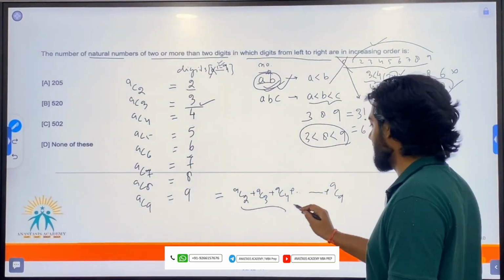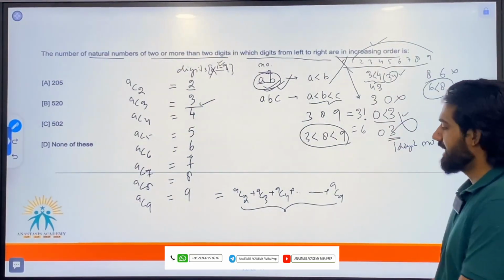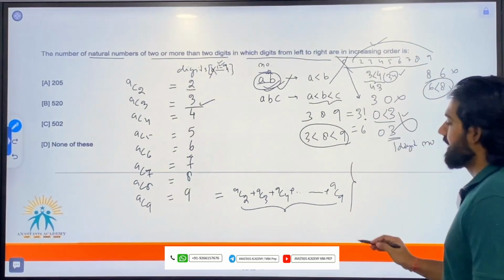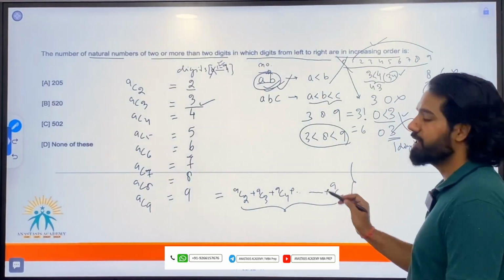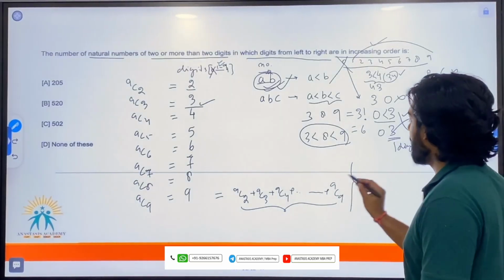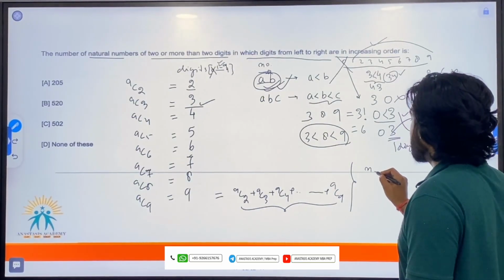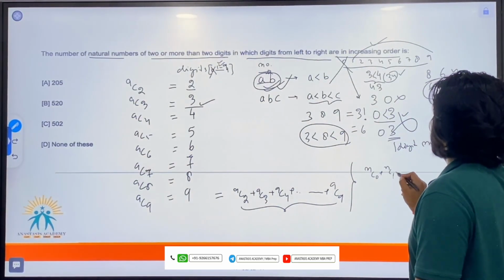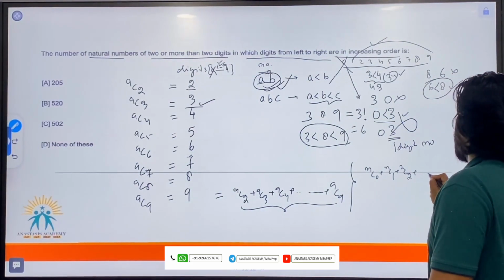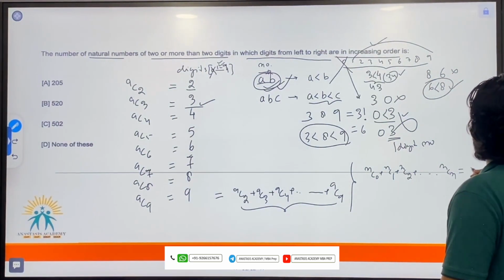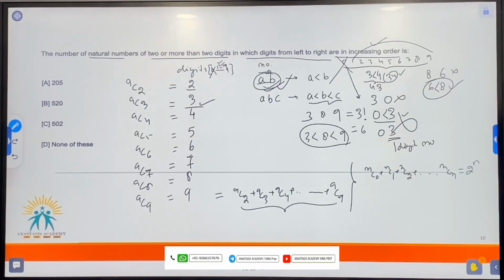This is the expression, and I know this expression. It is nothing but the sum of the binomial coefficients. I know nC0 plus nC1 plus nC2 up till nCn is given as 2 raised to the power n. Sum of the binomial coefficients is given as 2 raised to the power n, right?